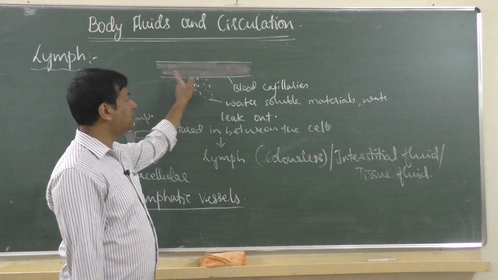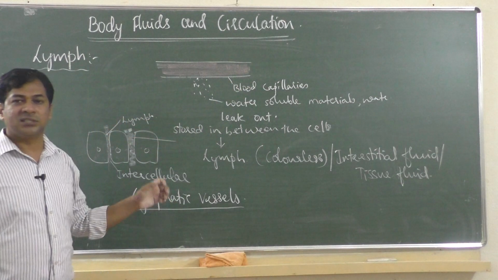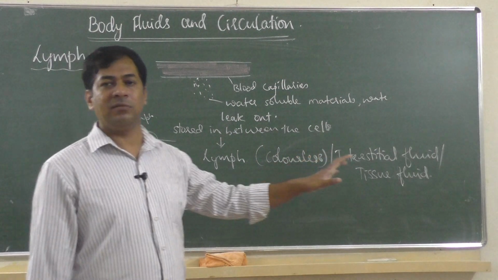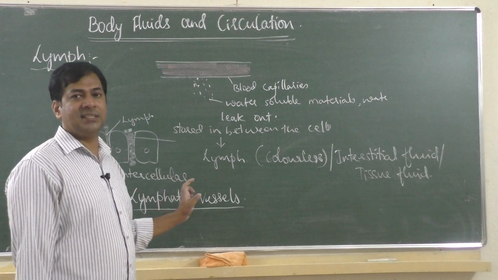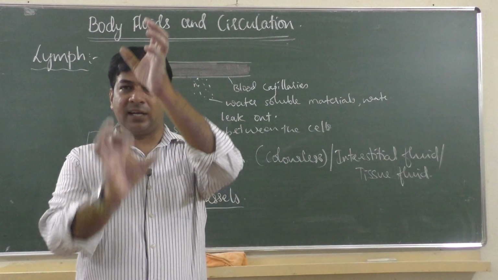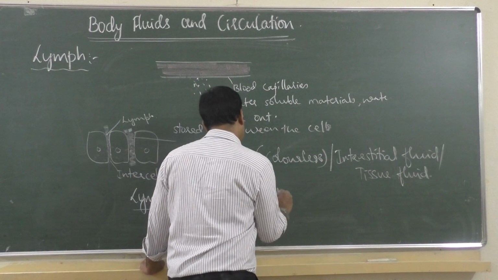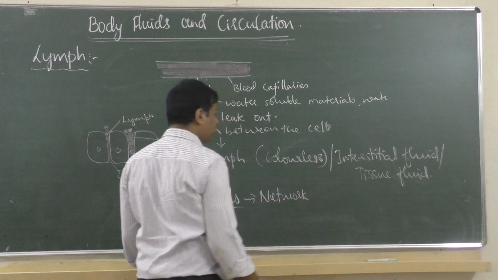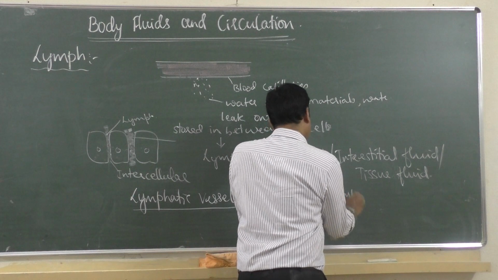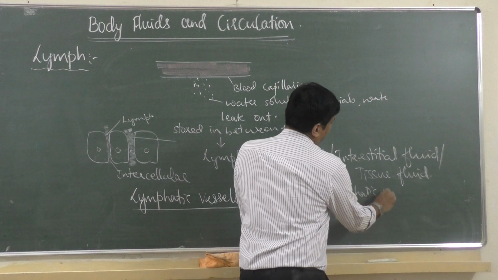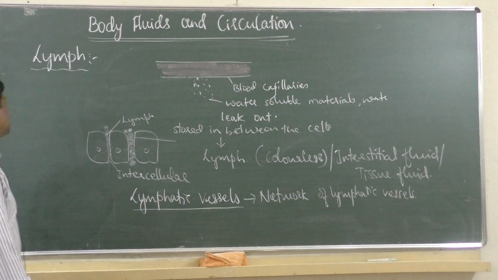Means blood flows through blood vessels, blood capillaries, arteries, veins and all, but lymph flows through a separate vessel called a lymphatic vessel. All the lymphatic vessels in our whole body are connected together, and it is a network, a group of lymphatic vessels.